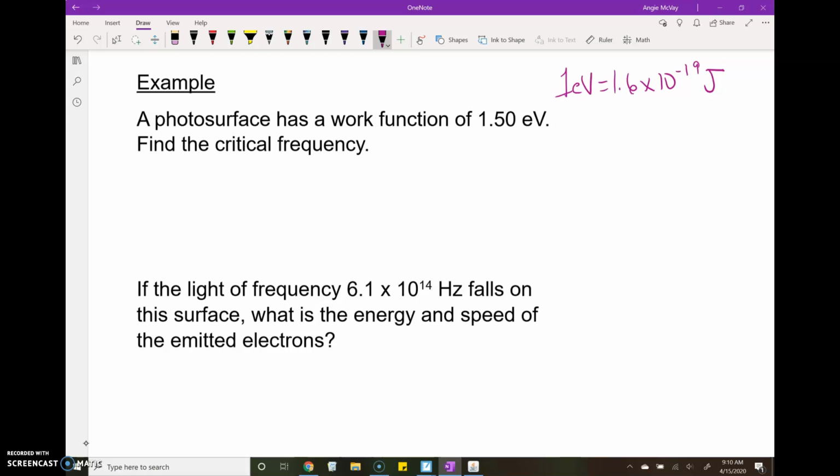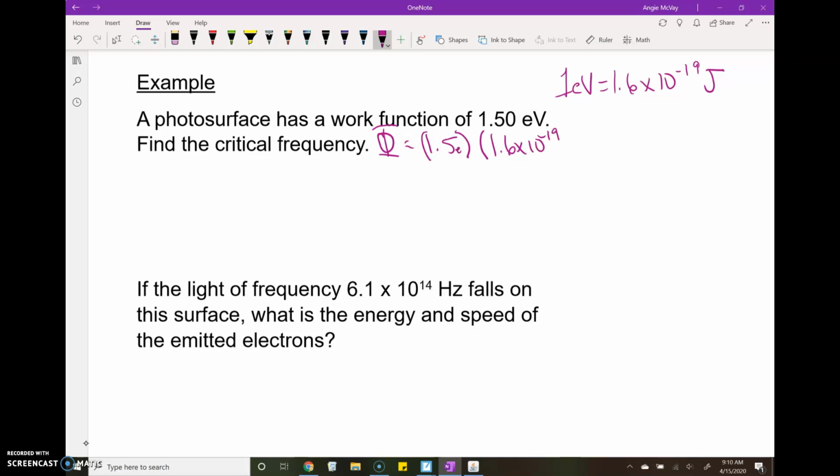If the work function is 1.5 electron volts, that means the work function is 1.5 times 1.6 times 10 to the minus 19, right?